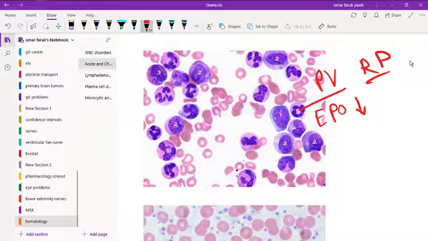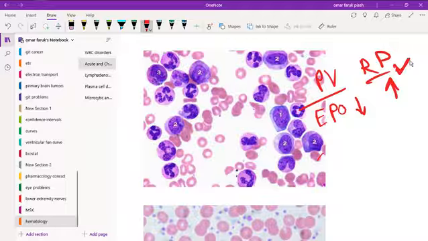On the other hand, in reactive polycythemia, EPO is increased. If it is due to high altitude or any form of lung disease, EPO is increased. If there is ectopic EPO production, in that case also EPO is increased.